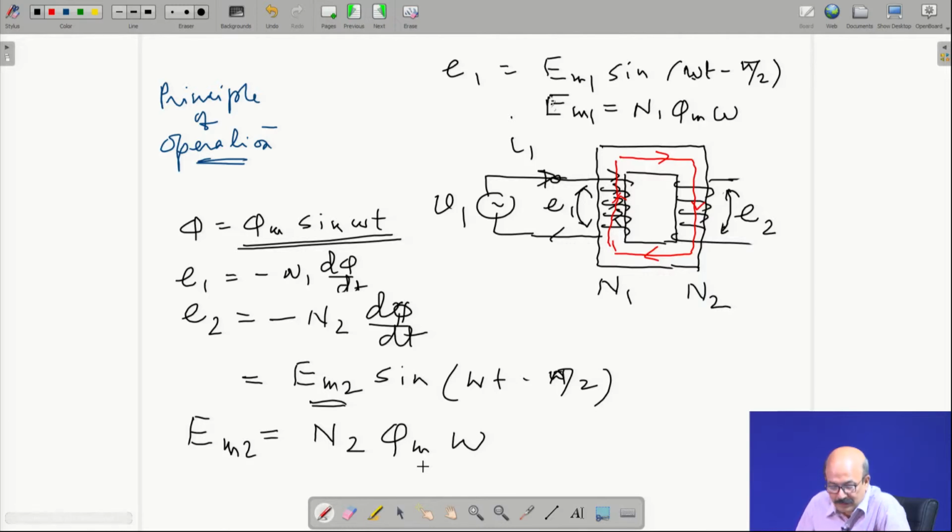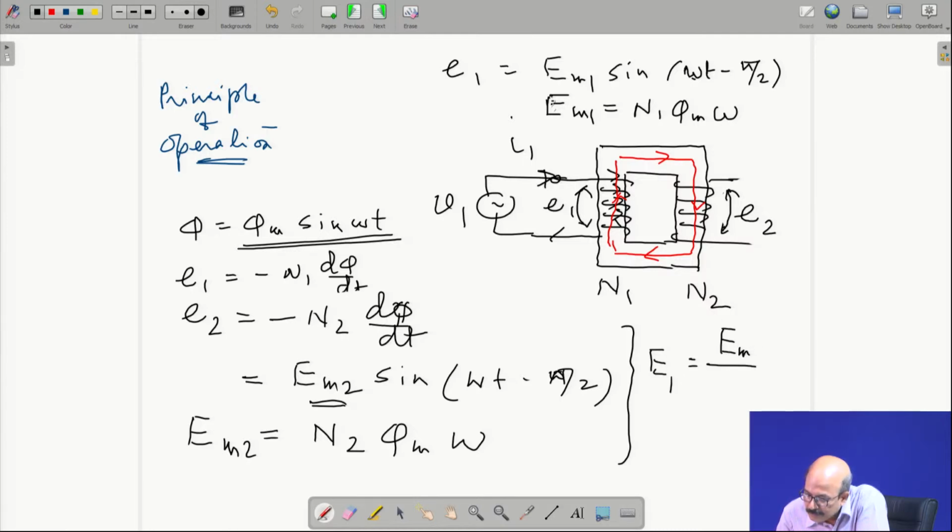So for a transformer we can clearly see this from the expression. If you are interested in RMS values, you can write E1 as EM1 by root 2, and E2 as EM2 by root 2.